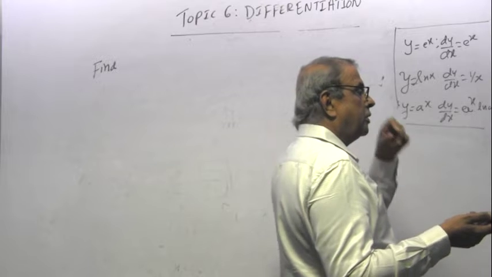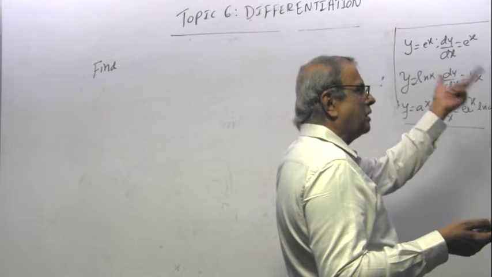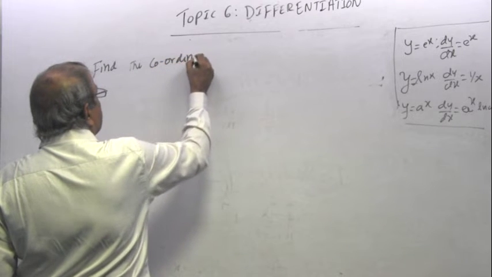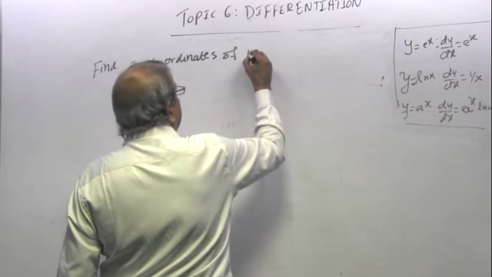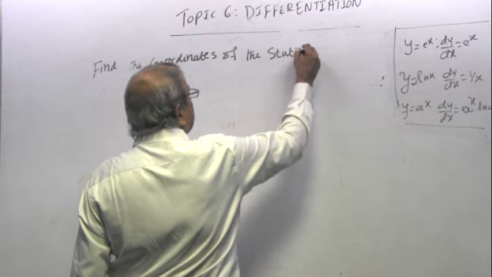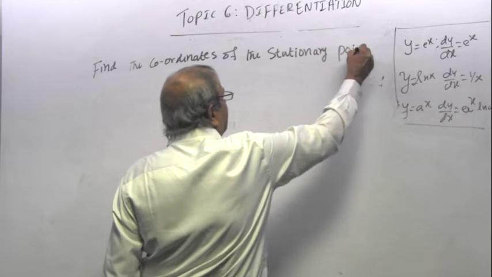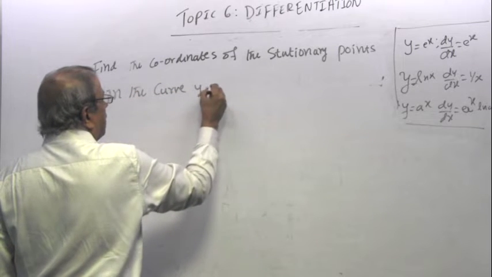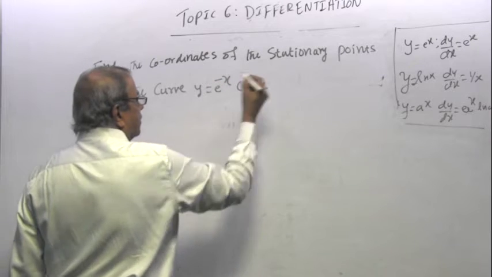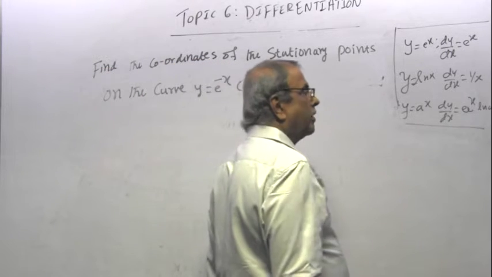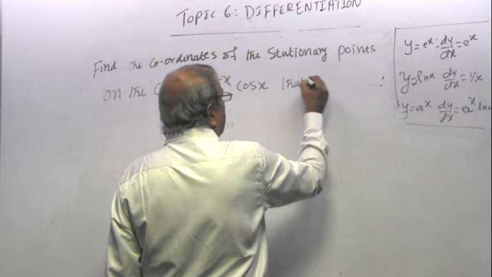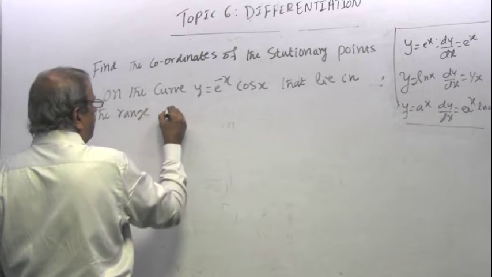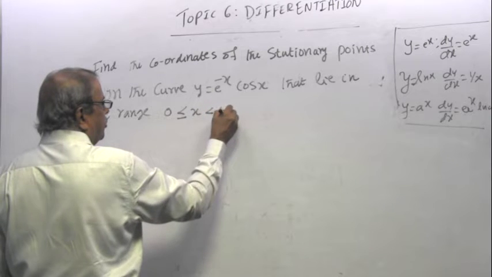Find the coordinates of the stationary points on the curve y equals e power minus x cos x that lie in the range 0 less than or equal to x less than 4 pi.